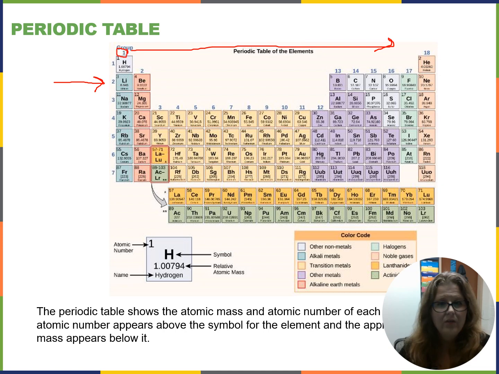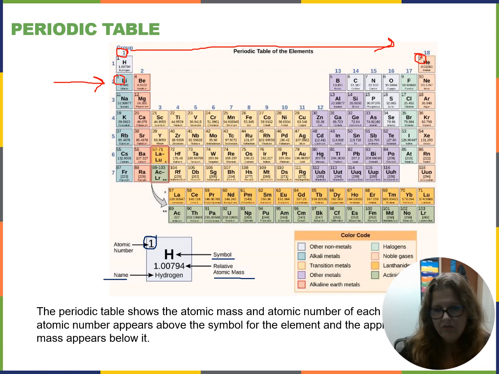So here's 1, here's 2, here's 3, just to make sure that that's clear. But looking down here on this hydrogen, we have the atomic number, its symbol, its name, and then the relative atomic mass. Now again, this has some decimal places because it's taken into account those 2 other isotopes.